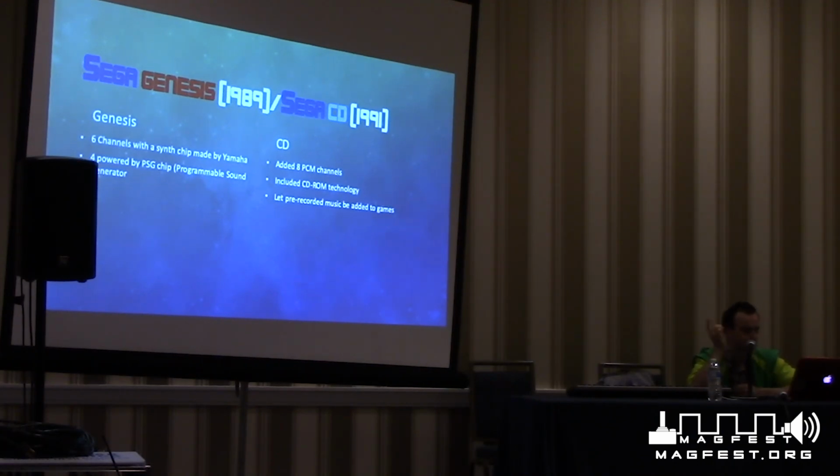To jump ahead a little bit, with the Sega CD, to sort of milk the life of the Genesis, because that's starting to ironically lose its life, you got a console that gave birth to 8 new channels that used digital samples like the NES did, although significantly better quality, which means that you can now get full dialogue in there for Sega CD games, like Snatcher, the definitive example.